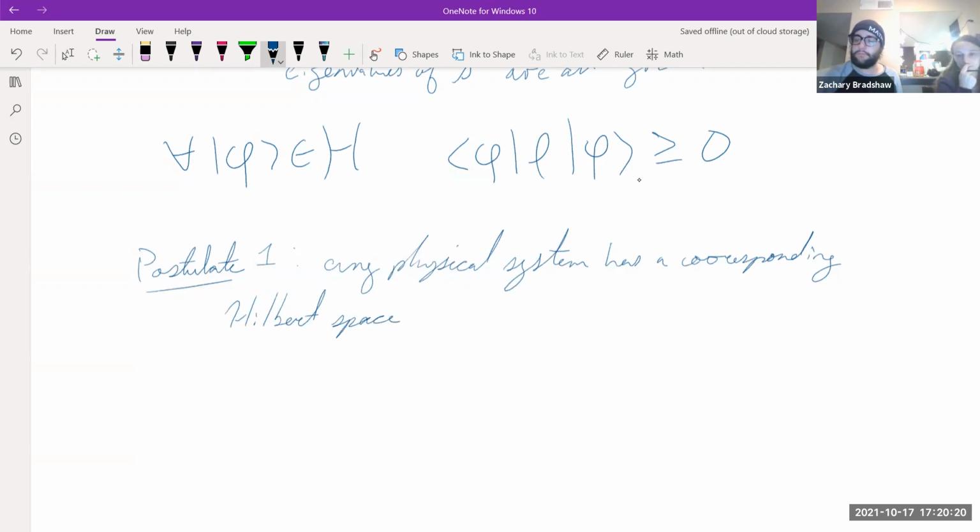So a Hilbert space is a vector space with an inner product, right? Yeah, in finite dimensions, it's always complete. So yeah. So any isolated physical system, the state on this system is now specified by some density matrix.